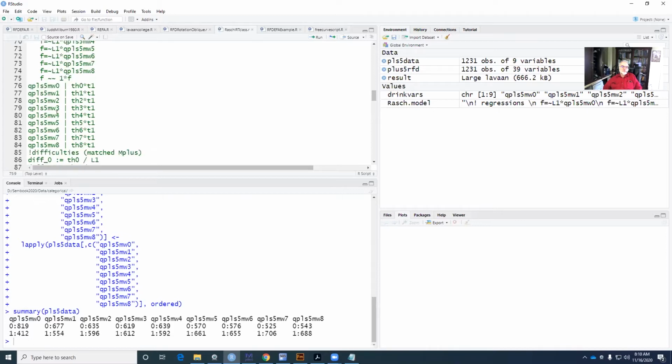And the thing that's new here is this set of code that is talking about the thresholds. So this is our variable, and this T1 says that this is the first threshold. If I had more than 2 categories, I would have T2, T3, T4 as separate lines. And this is the name of that threshold, TH0 for threshold. I just made it up.